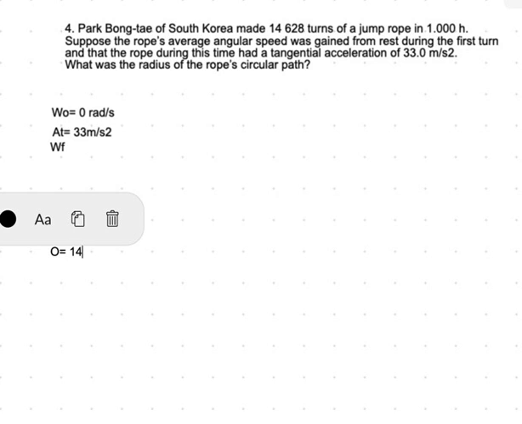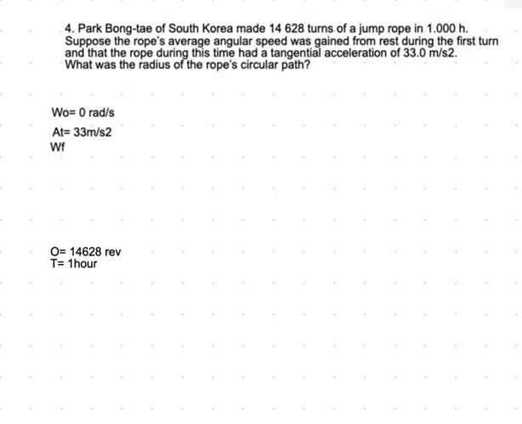So in this particular case, he makes 14,628 revolutions, which is just a trip around that circular path. And the amount of time that it takes him to make those revolutions is 1 hour. So both of these variables are not in the correct format right now.